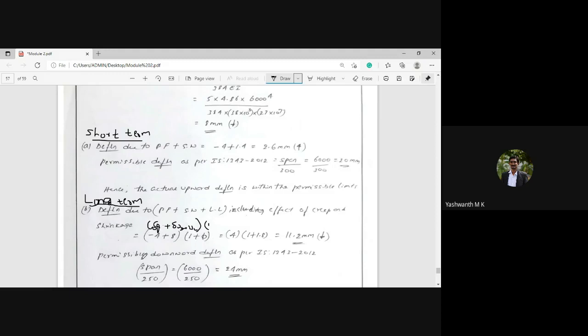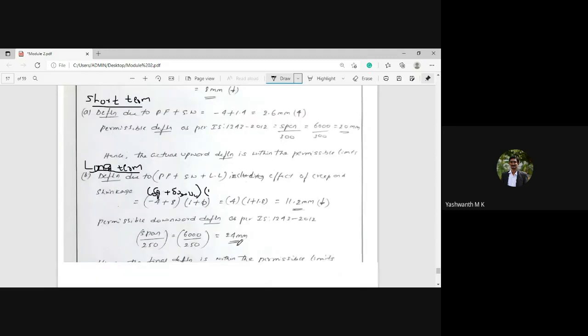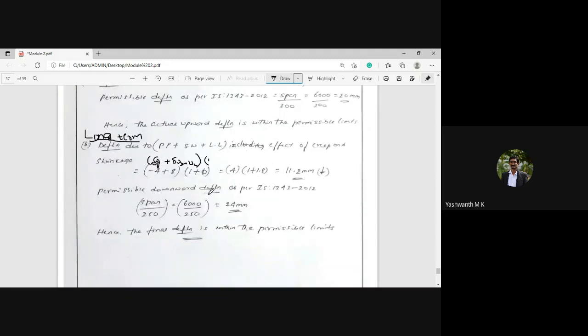Now let me check whether the deflection you have calculated is within the permissible limit or not. The permissible downward deflection as per IS 1343/2012, considering everything, that is effect of creep, shrinkage, loads, finishes, the formula will be span by 250. Please note this is very important.